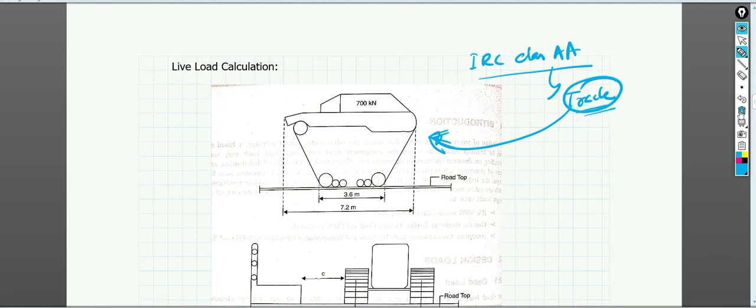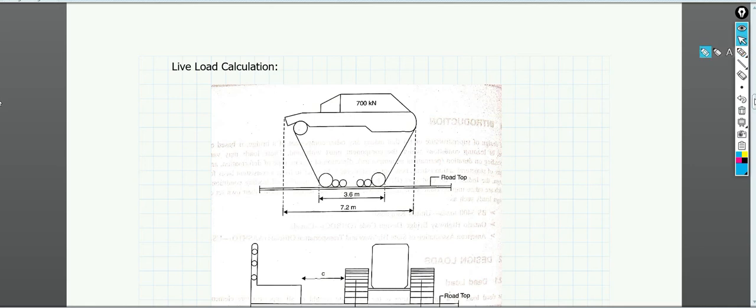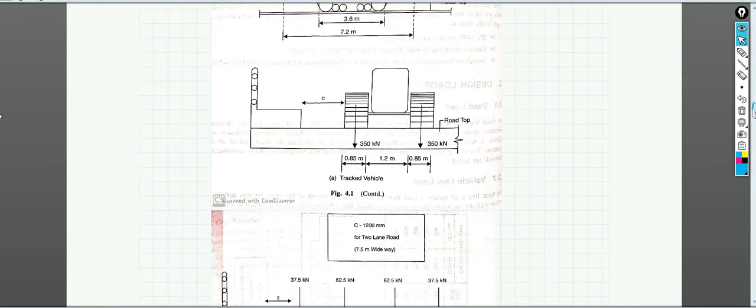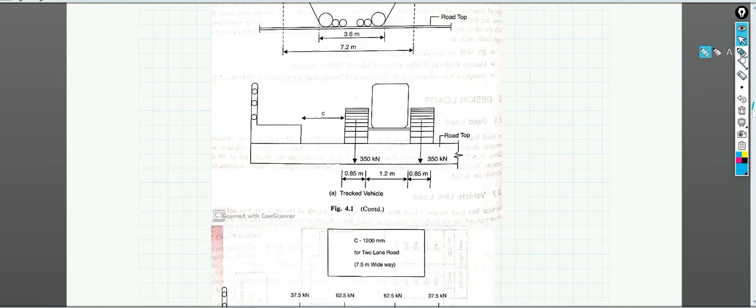Now if I see how these loads are being arranged, this is a type of class AA loading, which has total width, the standard width is taken as 7.2 meter over here, and the width of the track is taken as 3.6. Okay, so the important thing to note over here is the distance at which you are going to place your AA loading.